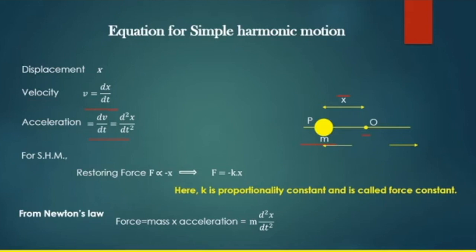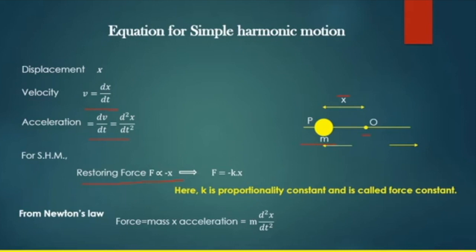Now, from the definition, we learn that the restoring force is proportional to the displacement, and this negative sign is because the force is opposite to the direction of the displacement.